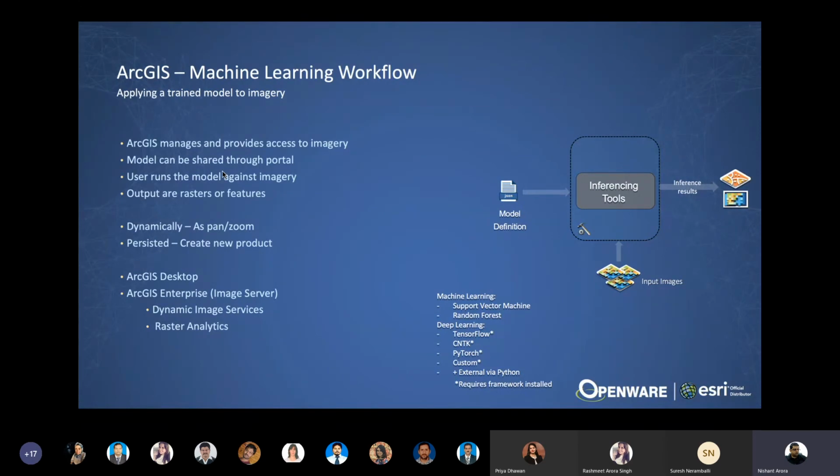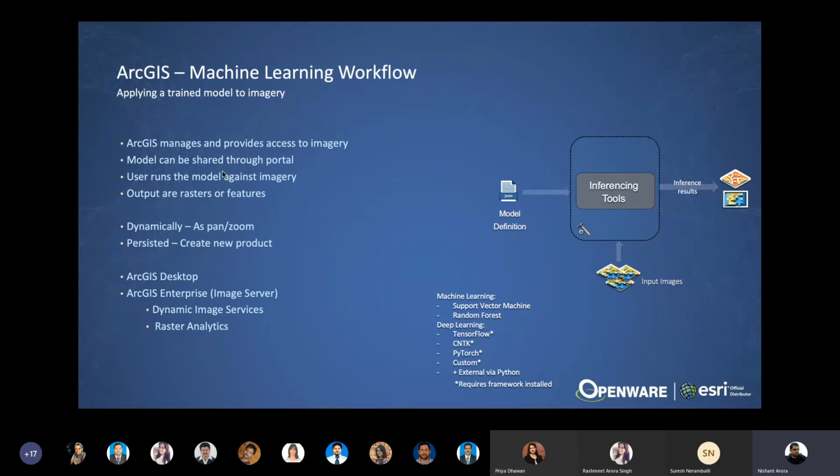Now, ArcGIS provides tools that help us in managing these satellite imageries. It also gives us the capability to share models that have been developed outside using different deep learning techniques by different data scientists. Once we receive these models, they can be shared through the portal.